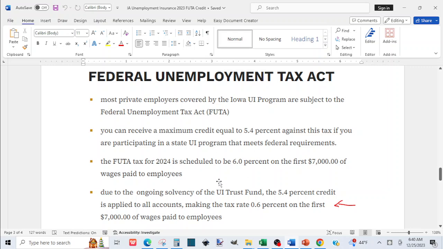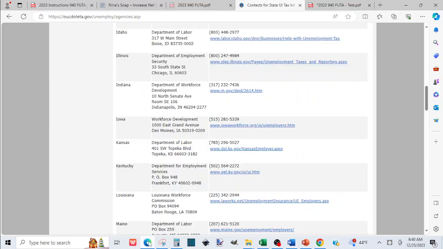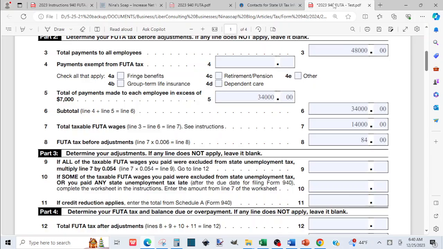And based on this assumption, for this year, I left line 9 blank for the first time. But for the prior years that I didn't pay state unemployment tax, I was paying the full 6% to IRS by applying 5.4% on the amount on line 7 and putting it on line 9 and paying that as well.